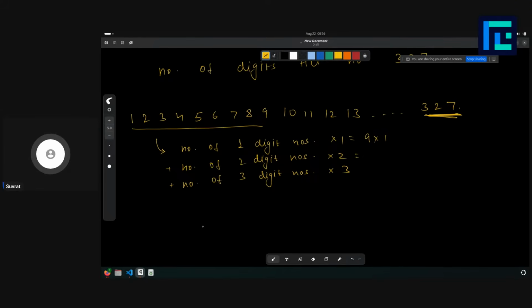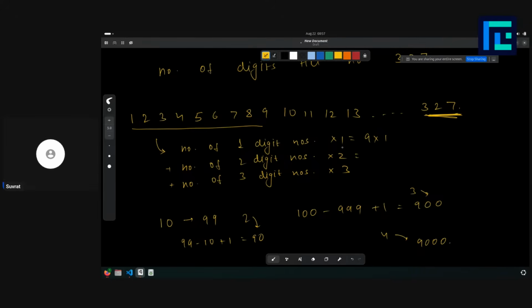Two digit numbers start at 10 and end at 99, so the number of numbers would be 99 minus 10 plus 1, which is 90. Let's find for three digit: it would be 100 to 999, which would be 900, and similarly for four digit we will get 9000.